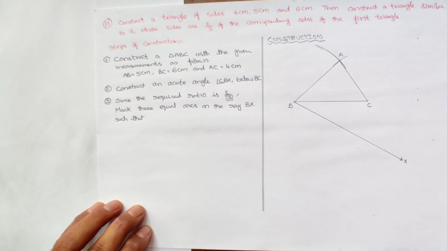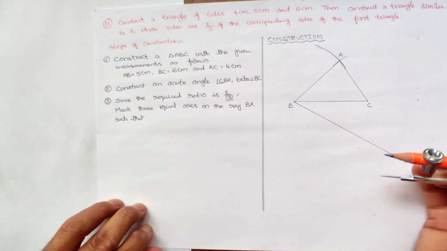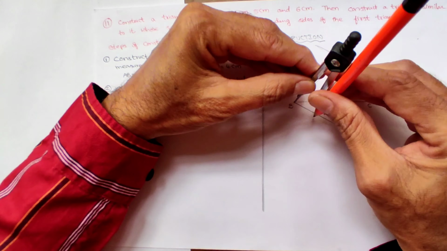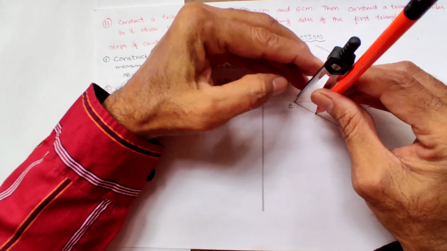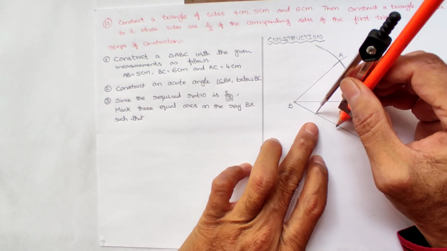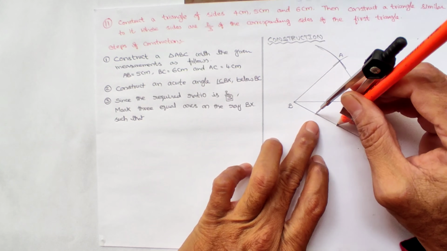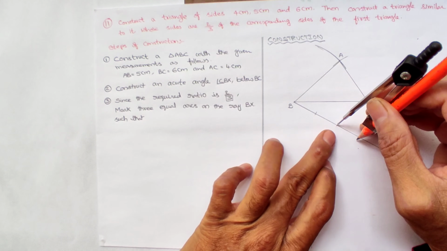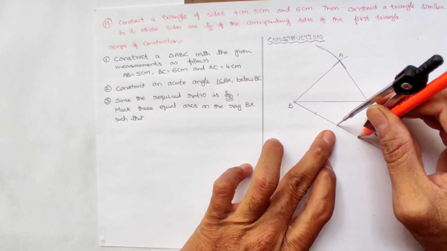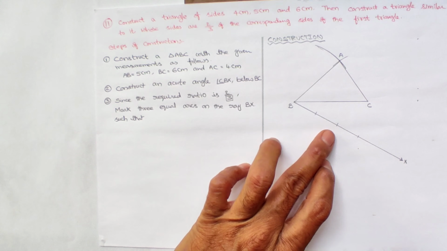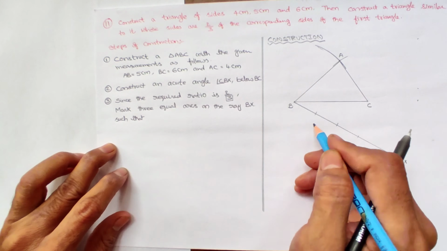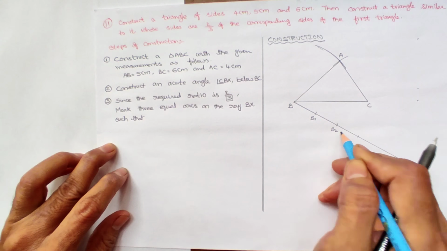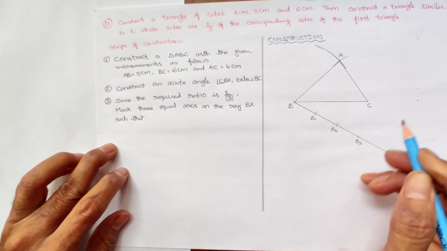Let us construct 3 equal arcs by taking B as center. Here this is the first arc, this is the second arc, and this is the third arc. Let us label these points, coming from B, as B1, B2 and then B3.